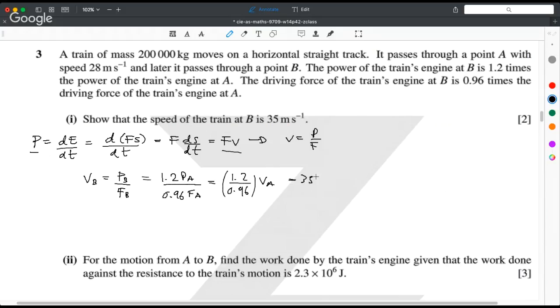And you can get this is equal to 35 meters per second because we're given VA.